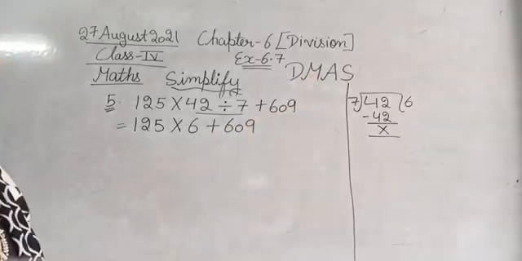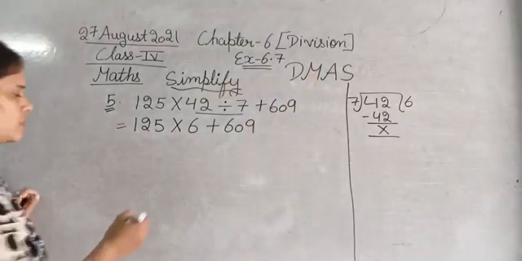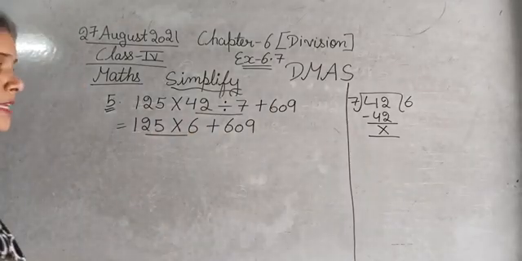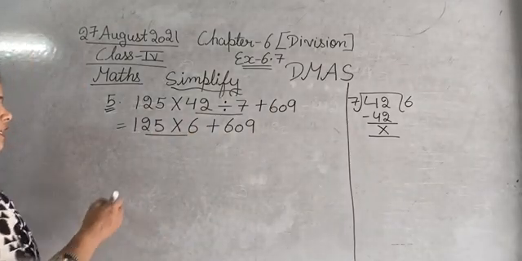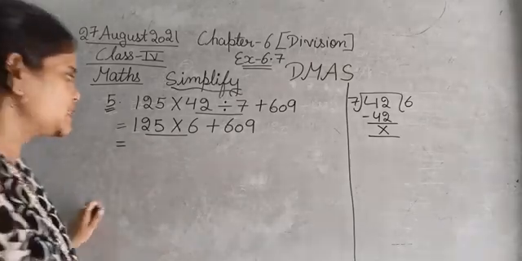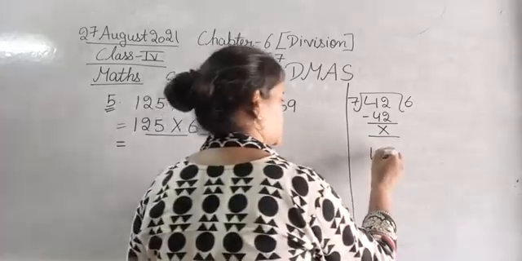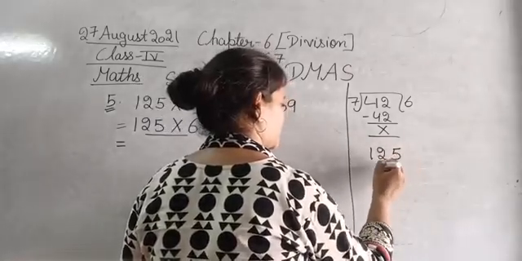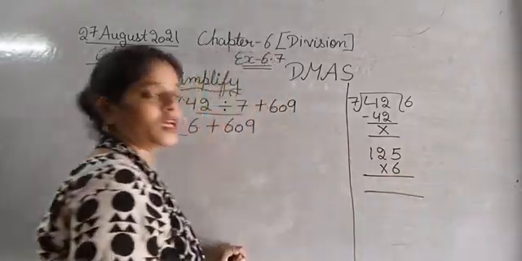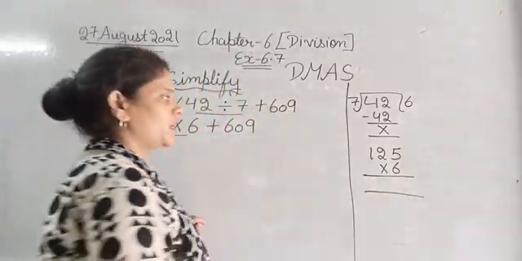So now we will multiply 125 with 6. Okay, so let's multiply these two, that is 125 multiplied by 6.